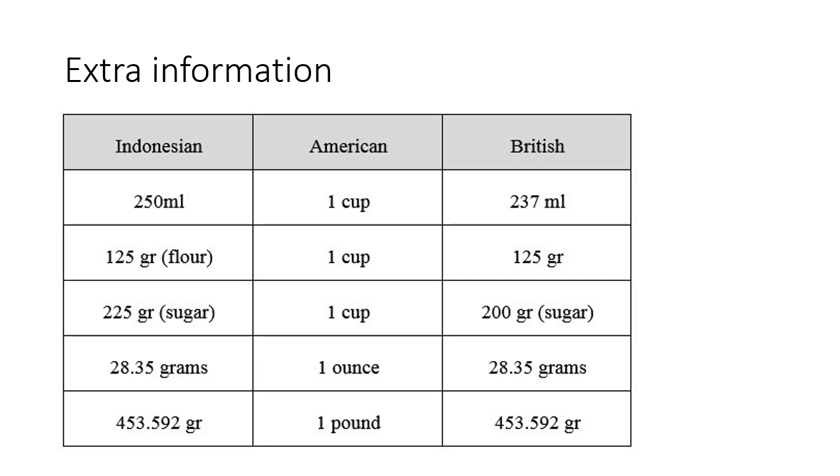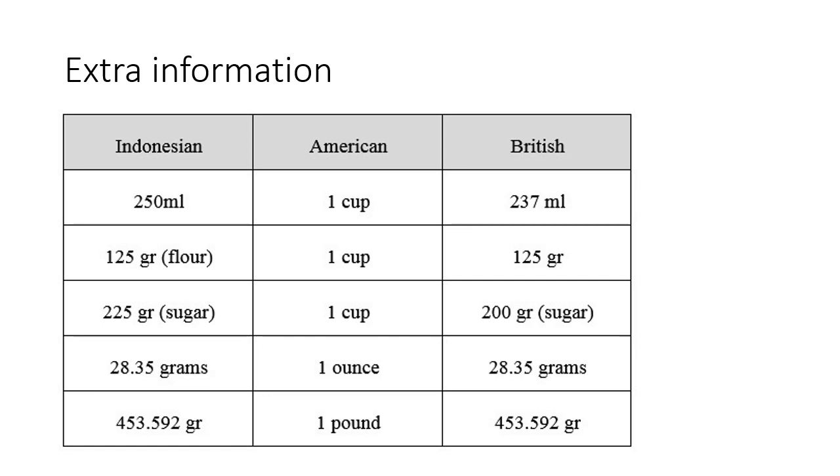Jadi kalau orang Amerika bilang, okay, 1 cup of sugar, so it becomes 225 gram in Indonesia. Or it can be 200 gram in British. Okay? Or 28,35 grams itu in America, they can say 1 ounce. Okay? In British, sama kayak Indonesia.